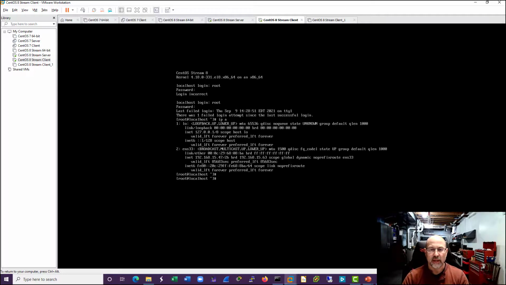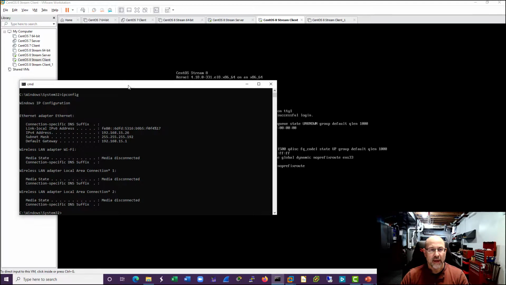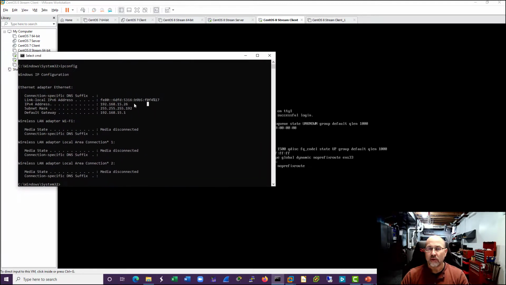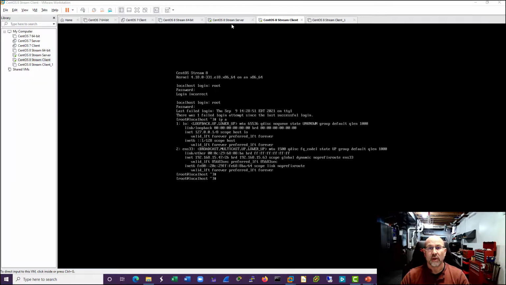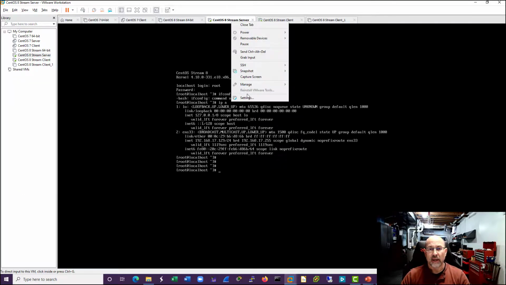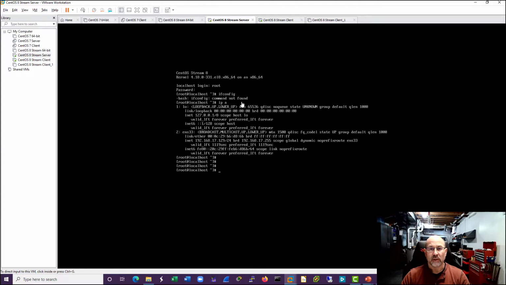We can see that right here. And so the question is, where did that come from? Well, it turns out that if I look at my actual host, my host is connected to the 15 net as well. So this is, again, reinforcing the idea that the VM and the host are on the same network.